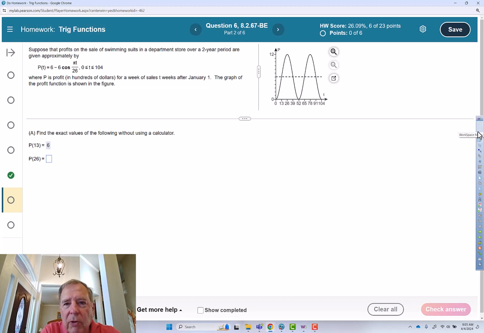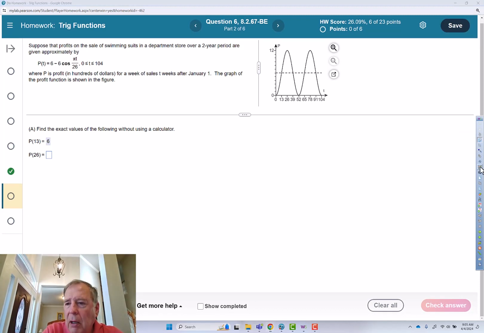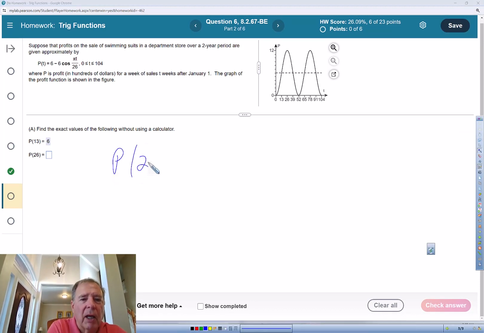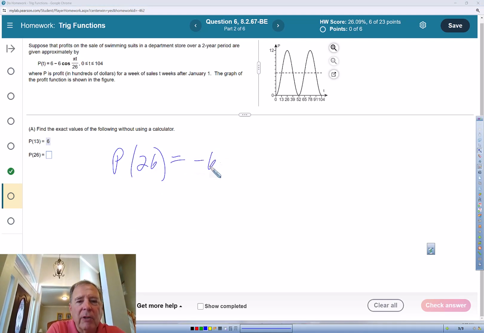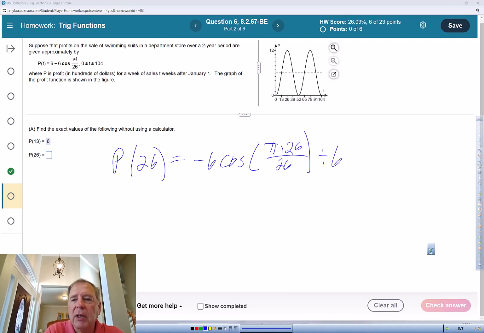Okay, 26. We could go over to 26 and get 12, or we could evaluate P at 26 equals negative 6 times cosine pi times 26 over 26 plus 6.